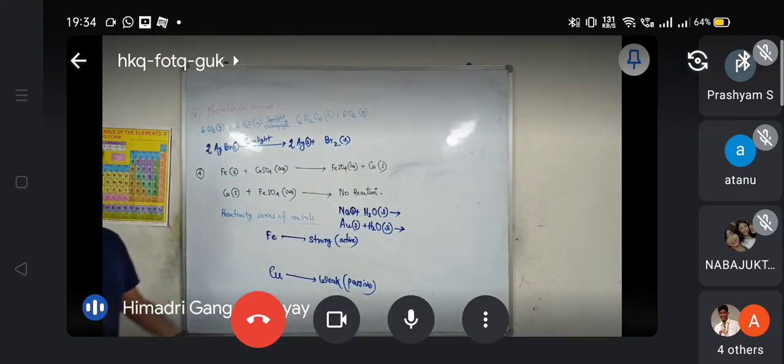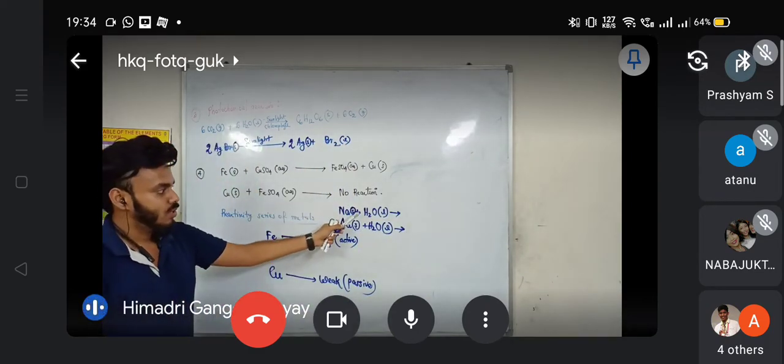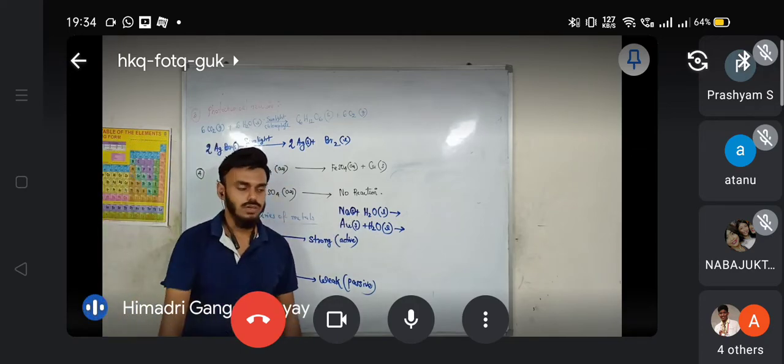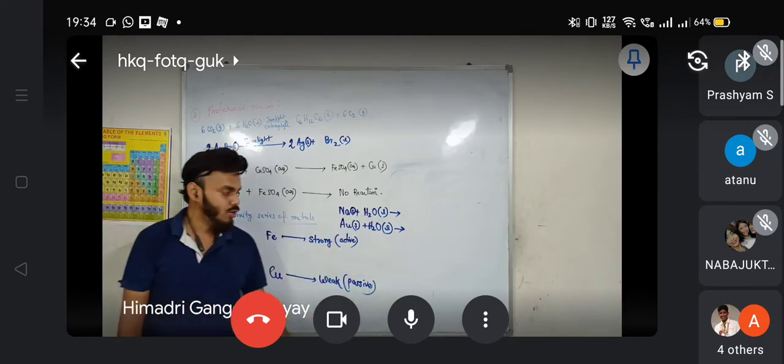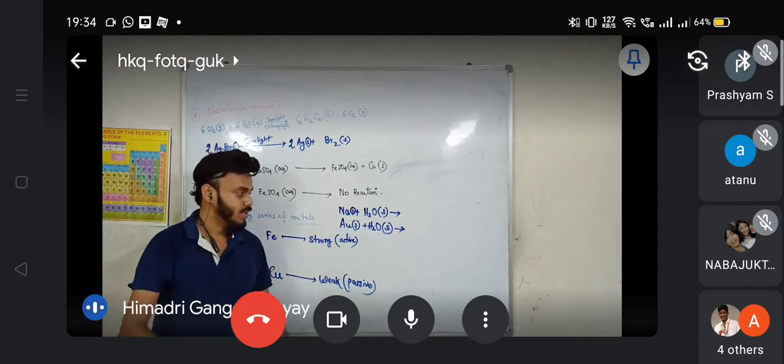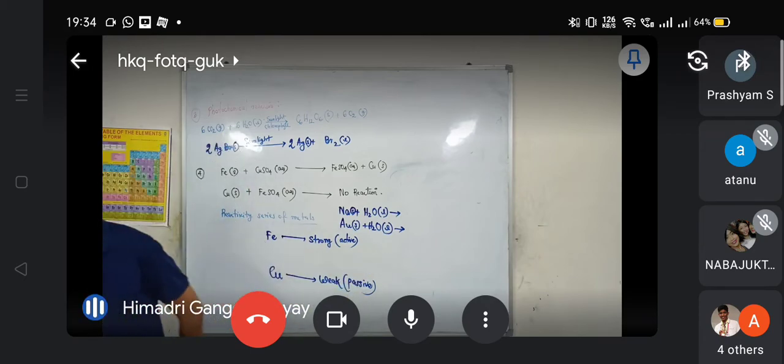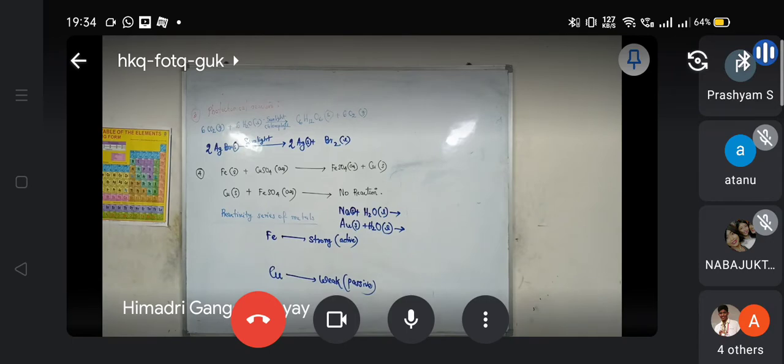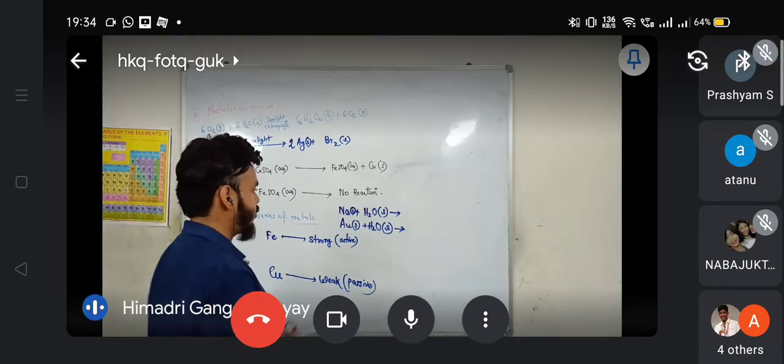What will happen when metallic sodium is dissolved in liquid water, and when metallic gold is dissolved in liquid water? Please give the answer. Okay, and what will be the product?